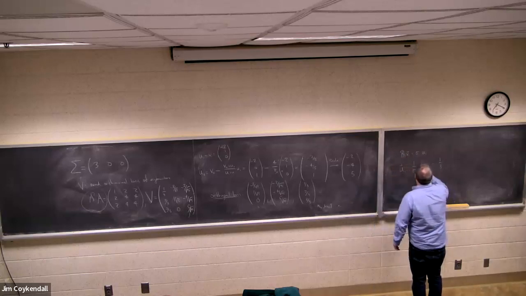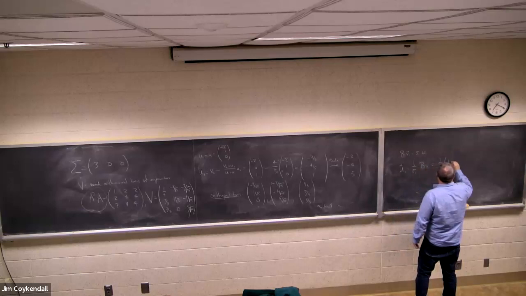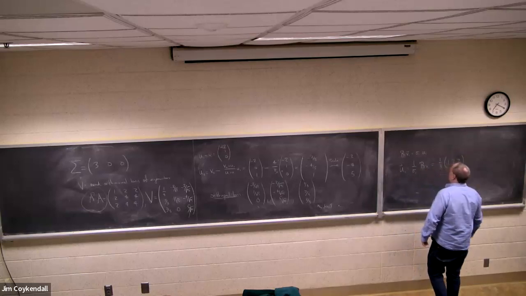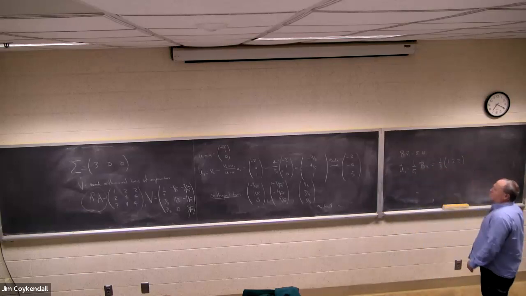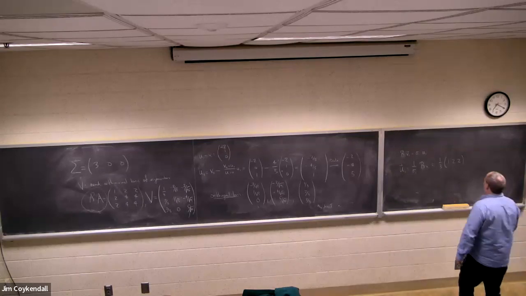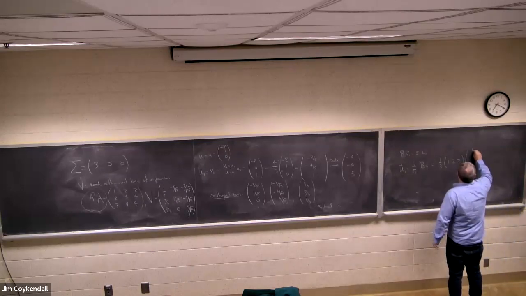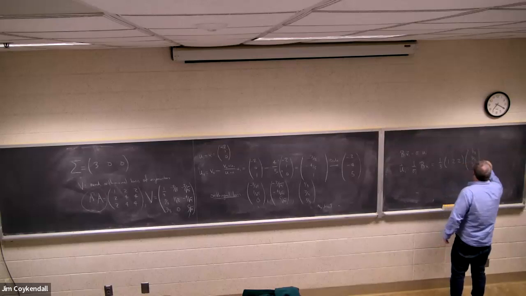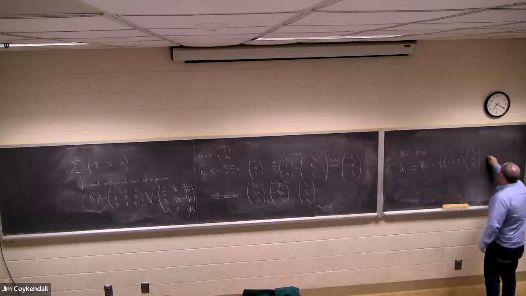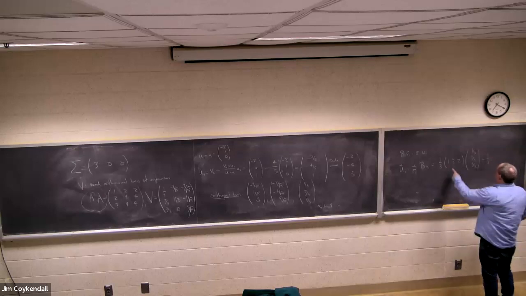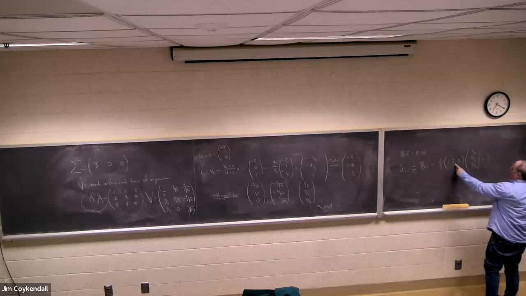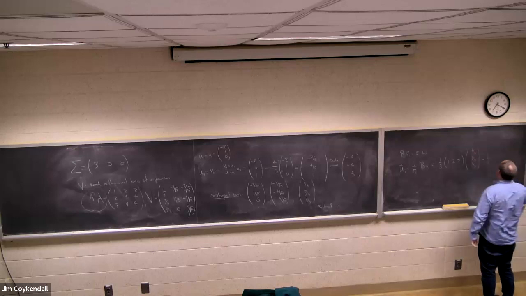Times B1, which is 1/3, 2/3, 2/3. And this is just like a dot product right here. It's 1/3 times 1/3 and 4/3 and 4/3. So that's going to be 9/3.